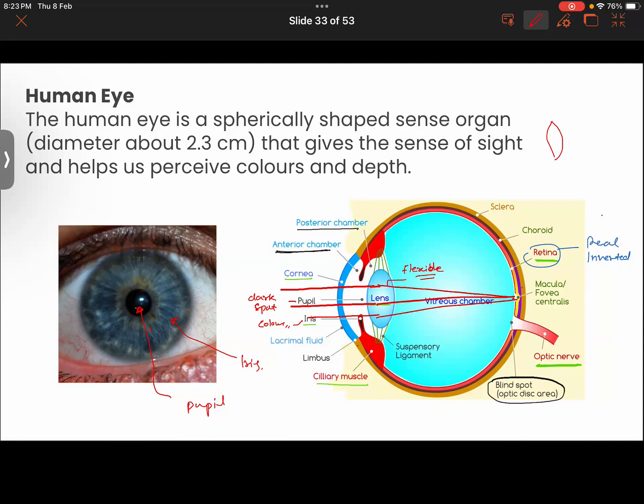Right, very good. Also, it should be noted, a very important thing, that the adjustment of the size of the pupil will take some time. It's not like it will happen in just a fraction of time. For example, when you go from a bright light to a dark cinema hall, at first we cannot see the surroundings very clearly.